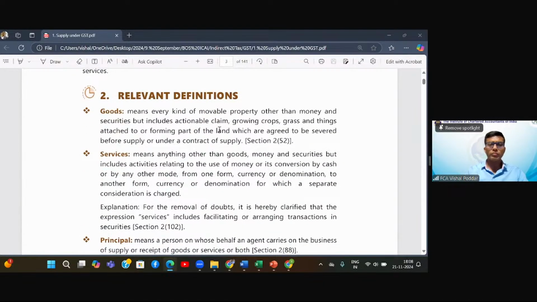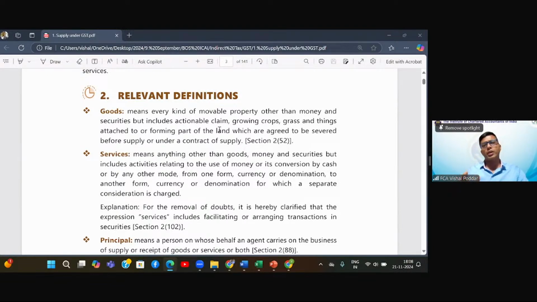So I started in my PPT with the charging section, which is section 9, which is levy. And the levy section says that GST is levied on supply. The CGST/SGST levy section is 9, which says GST is levied on intrastate supply up to a maximum 20% rate. The IGST section is 5, which says GST is leviable up to a maximum 40% rate.